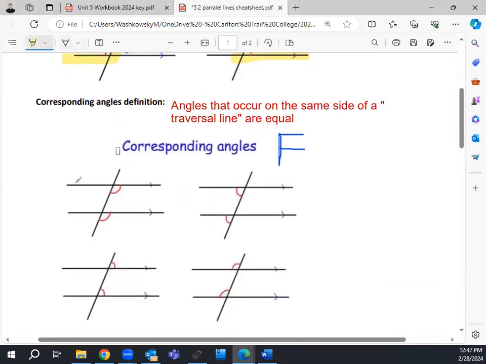So just like before, what I'm highlighting here is our transversal line. So I have a transversal line that's intersecting two parallel lines. And it's saying that the angles that happen on the same side are in fact equal. So I'm looking for an F like this. And I can see that if this angle here is 110, that would mean this angle under here is 110.